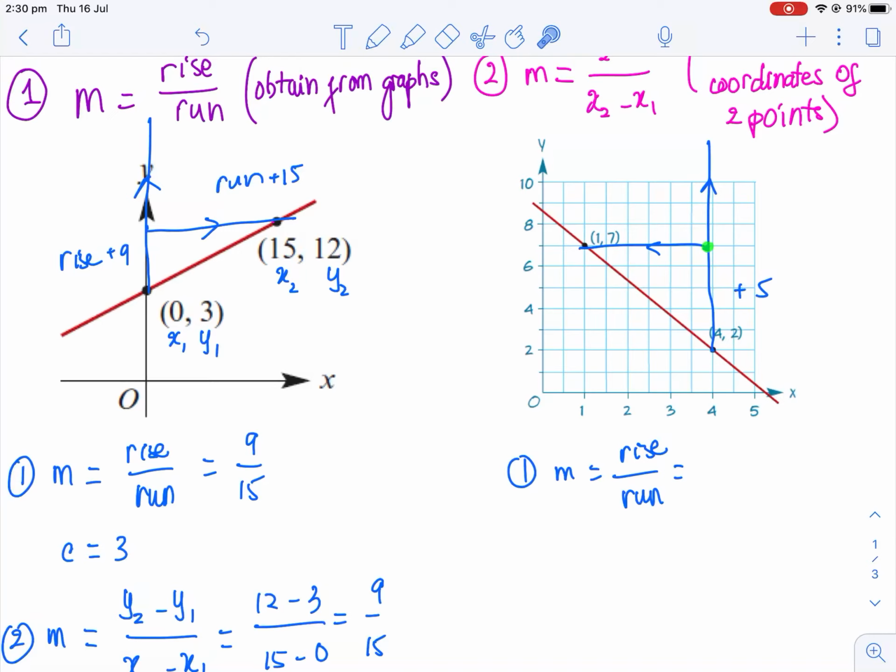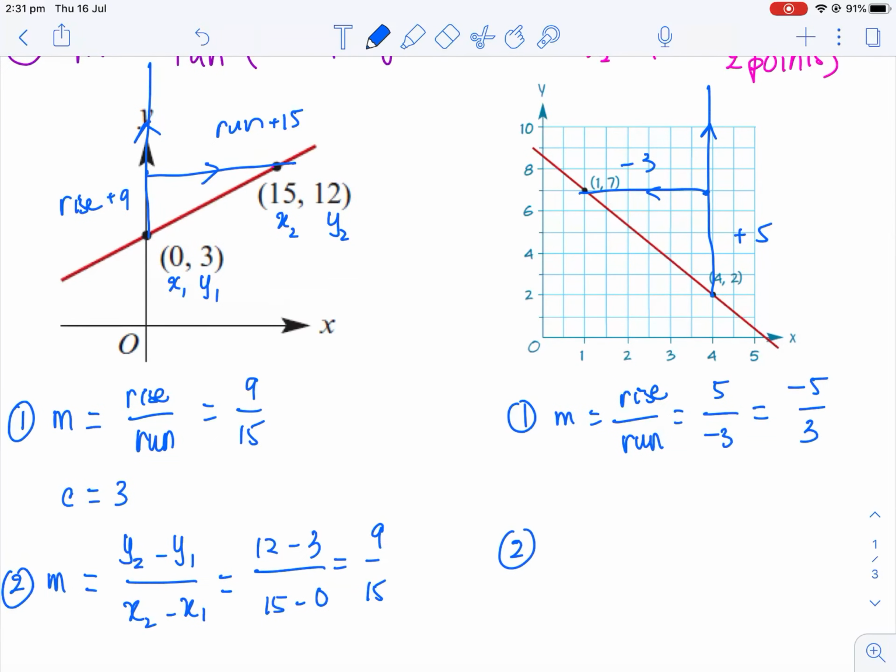And you run from here to here. It's going to be negative because you're going toward the negative side of the number line. So your run is in the negative direction, and you run from 4 to 1, so it means you run negative 3 units. So your gradient now is rise 5 over negative 3, or you can write negative 5 over 3.